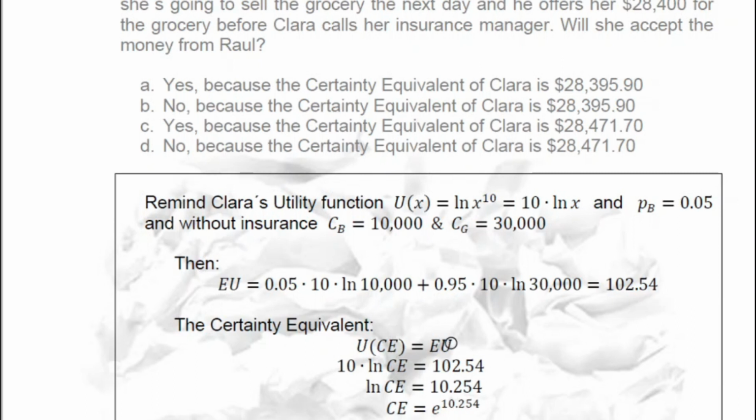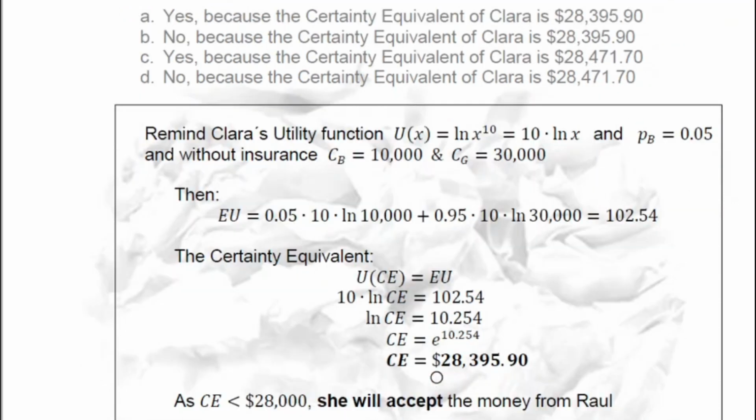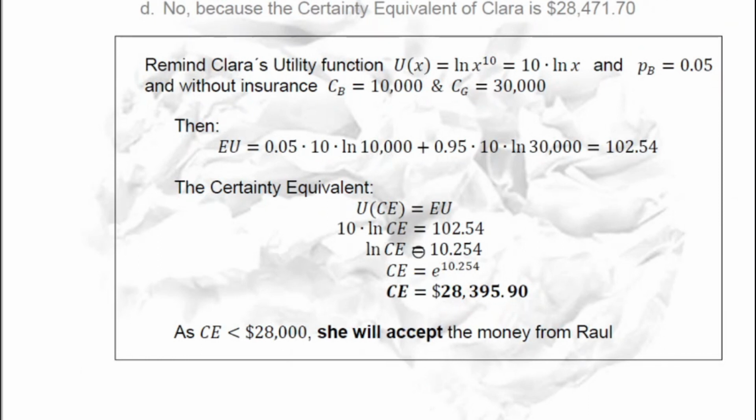Then we calculate the certainty equivalent. The utility of that certain money, then 10 times the logarithm of CE, equal to this expected utility we just have calculated. So we isolate CE taking exponentials, and we find that CE is $28,395.90.